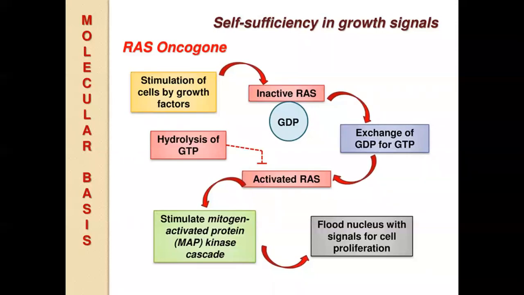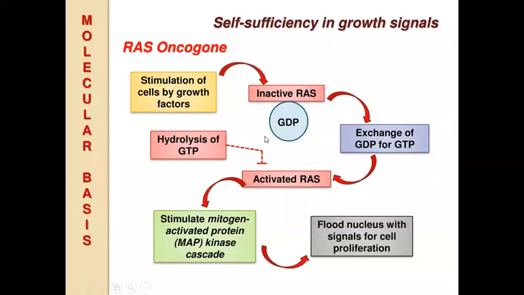Normally, the active RAS protein is inactivated by GTPase. Which one is the active one? The active RAS, which is the GTP-bound form, is inactivated by GTPase enzyme activity, while mutated RAS remains unaffected by the GTPase.